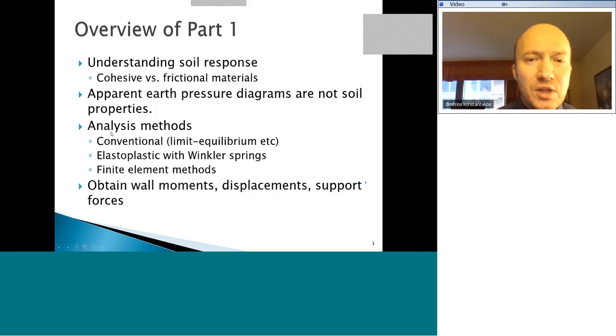We also saw that we had different analysis methods, the conventional, limit equilibrium, and so on, elastoplastic with Winkler springs and finite element methods. And the whole idea behind all these analysis methods is to obtain wall moments, displacements, support forces, shear forces, so we can design all the structural elements of an excavation. That is the wall and the supports.